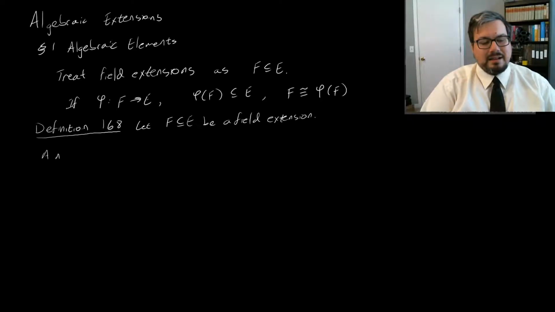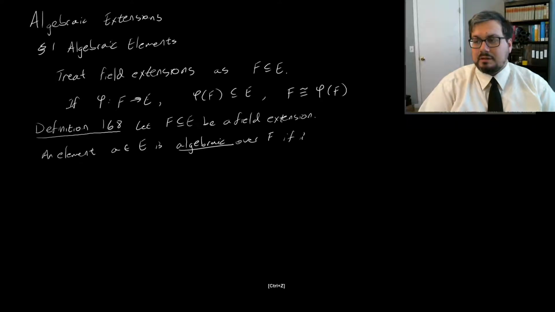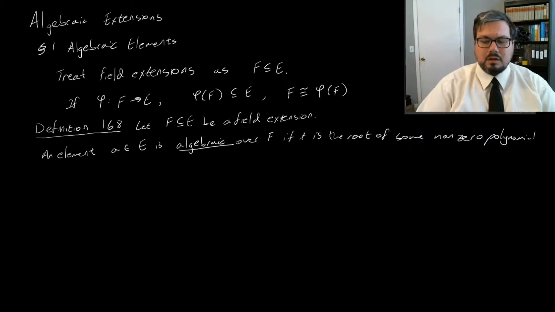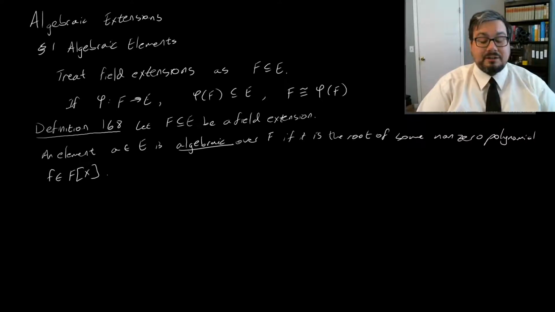We say that an element a in E is called algebraic over F if it is the root of some non-zero polynomial f inside the polynomial ring with coefficients in the field F, and is otherwise called transcendental.